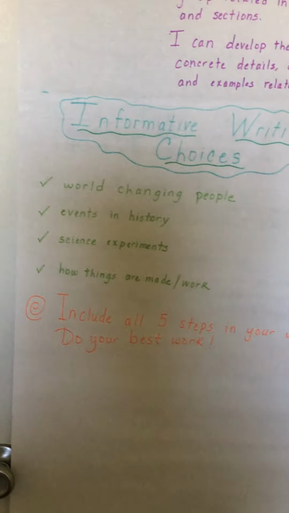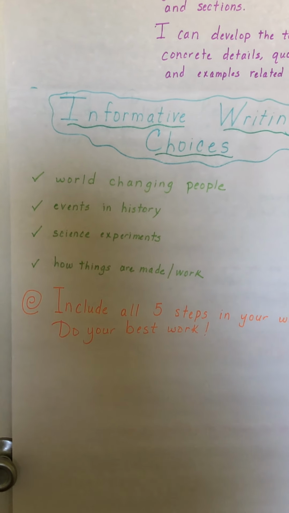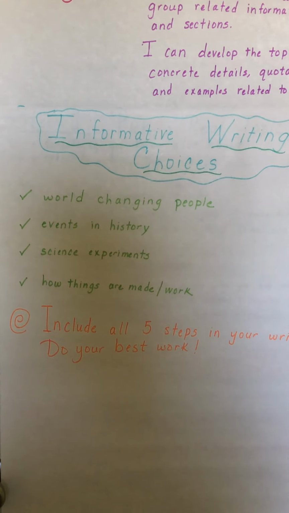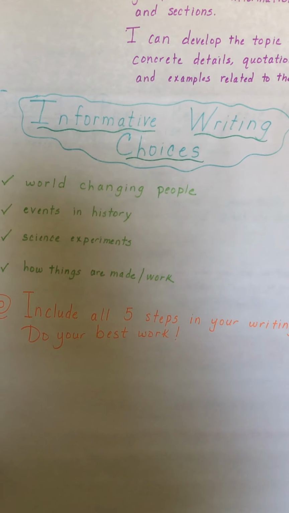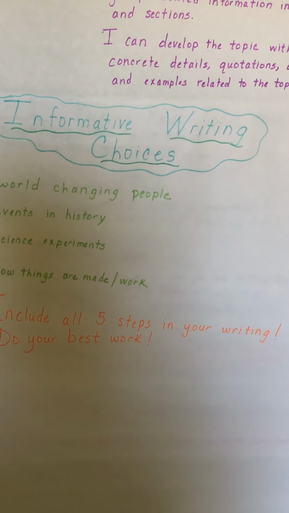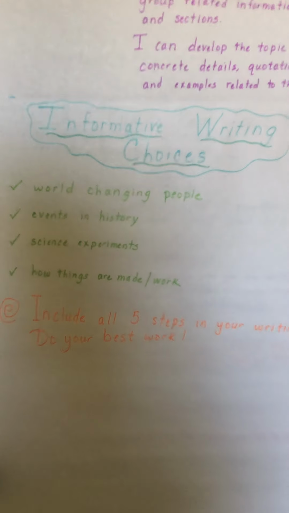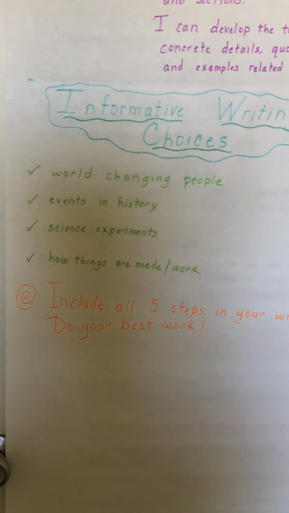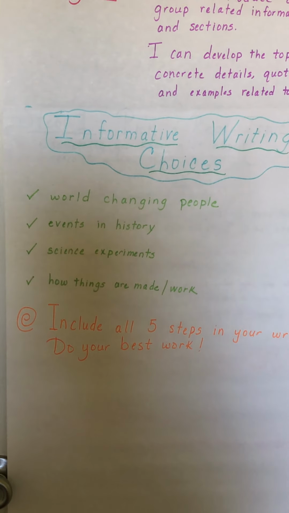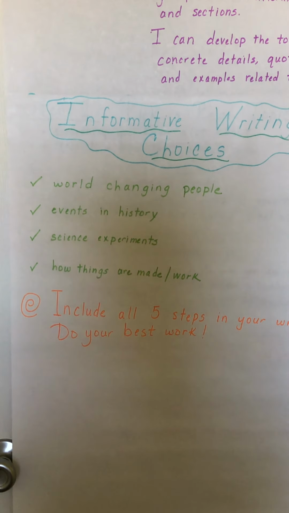Here they are. Our first choice is world-changing people. You can choose someone from history or currently that's a world changer, meaning they've done something really, really important for the world that's changed it for the better. Second, events in history. You could choose a history topic or event that's happened in the past and write your piece on that.